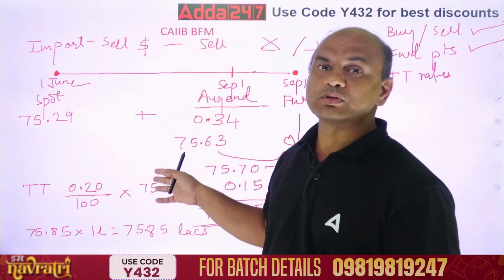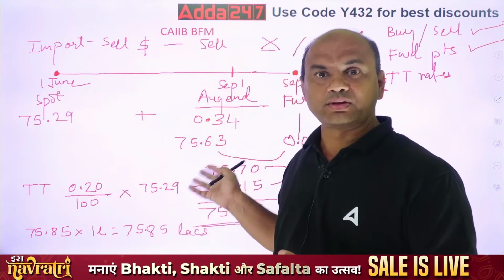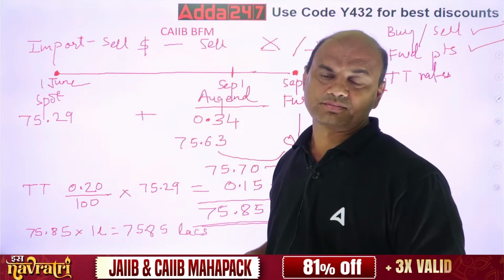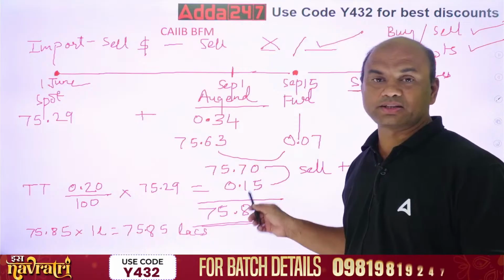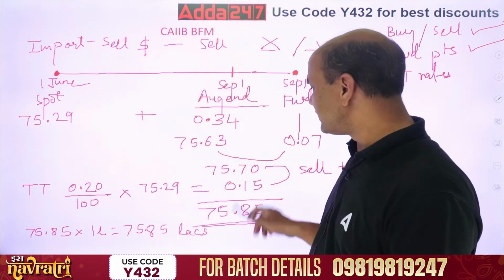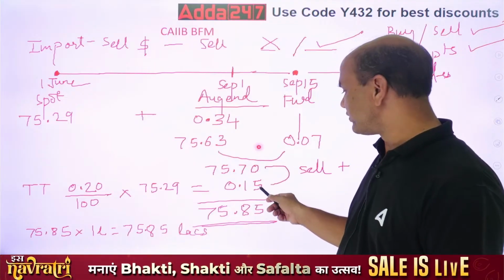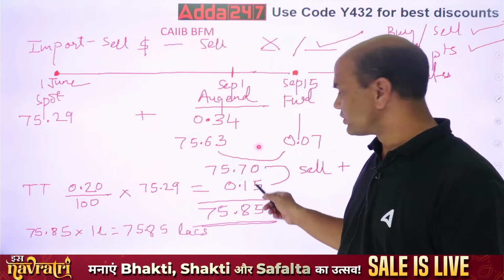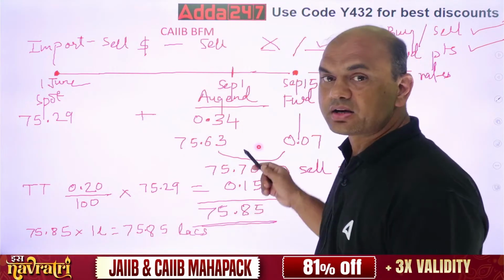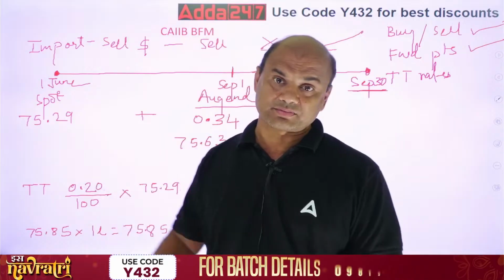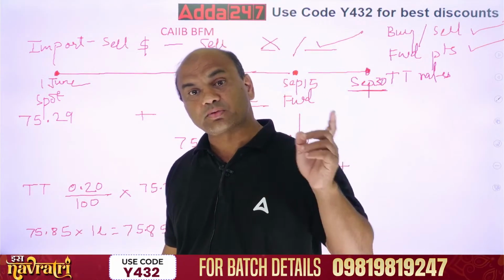If this is not added, then the TT expenses, the seller or the bank will have to bear it. So that's why we always add it while selling. Now add it then. 75.70, you got this answer, plus 0.15, so it is 75.85. This much is the rate to be quoted to the customer for the import.